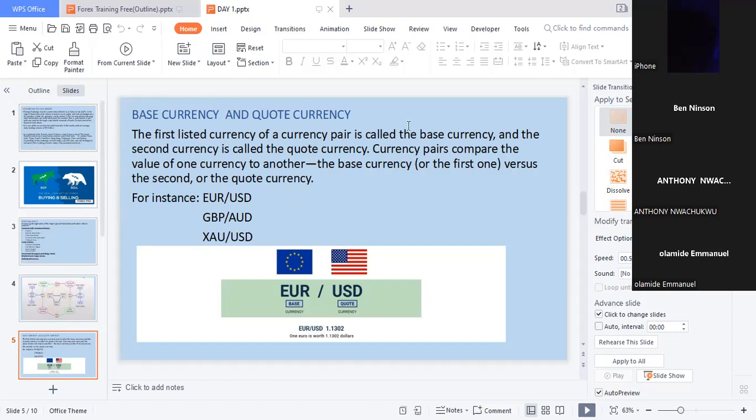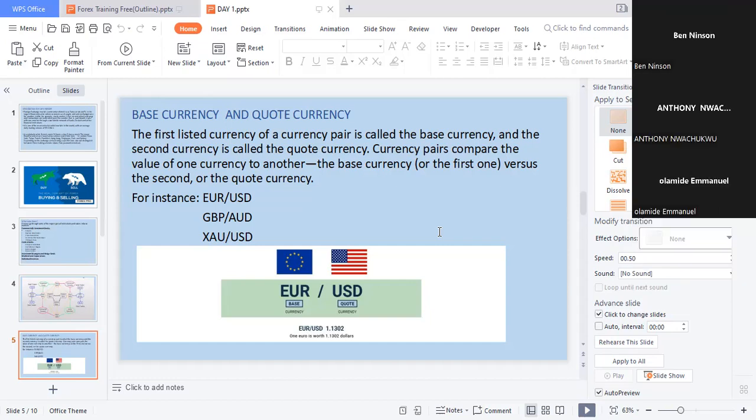Now, I want to give everybody a classwork. XAU USD. What's the base currency and what's the quote currency for XAU USD? Yes, who can answer that?